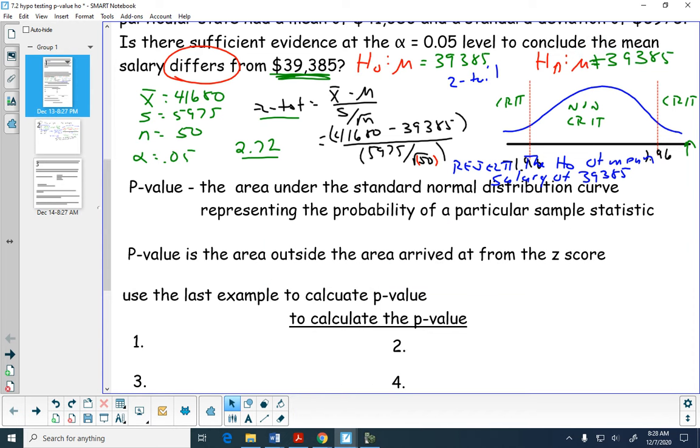The p-value is the area outside the area arrived at from the z-score.